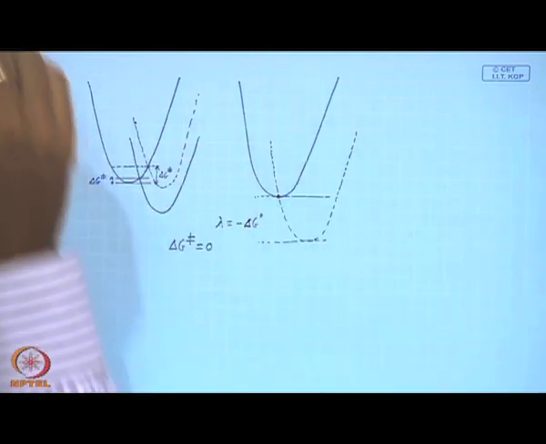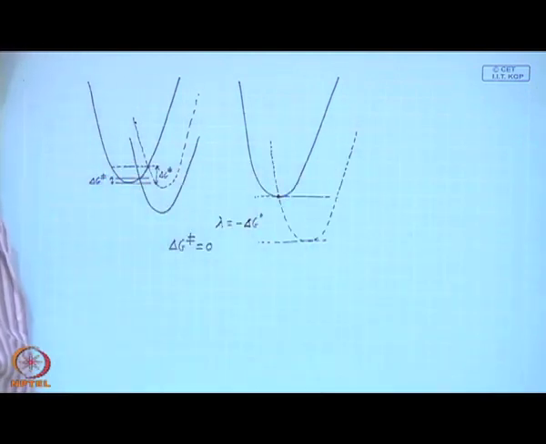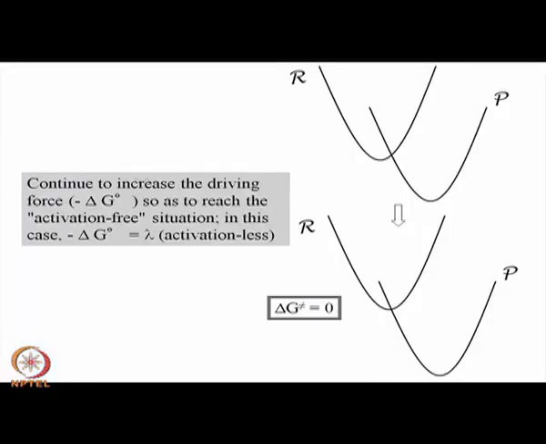Okay. So that you can have different situations. So, we have got an activation free situation or activation less situation, that is your delta G double dagger is equal to 0. So, under this condition.